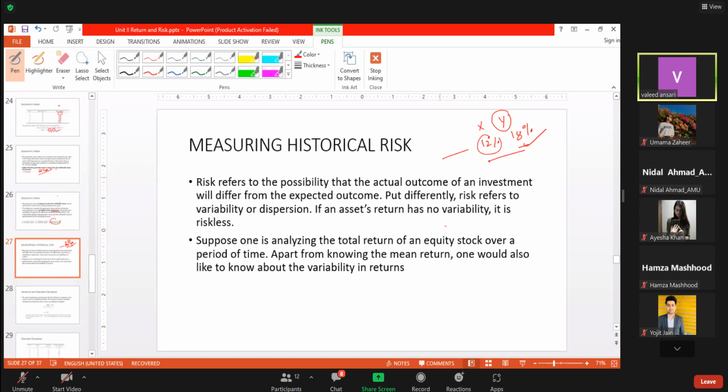So next I am going to explain how the risk of individual securities is calculated, and then I will also discuss other measures like covariance, for when they are combined.